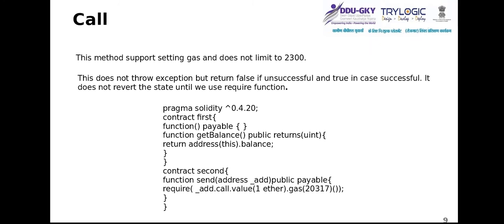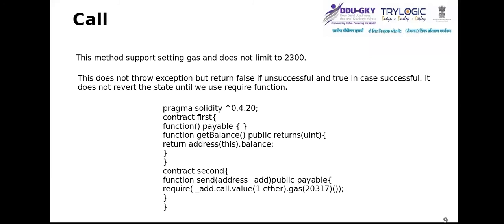The difference is, transfer is very much fine, while send is less recommended because it will not throw the exception, while call is again the least recommended because it will not throw the exception, and it is vulnerable because it has some limitations, vulnerability to the attacks.